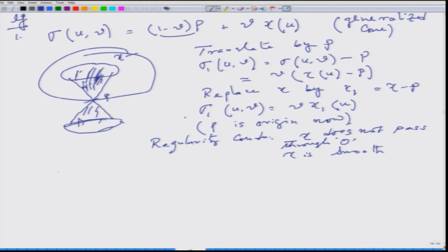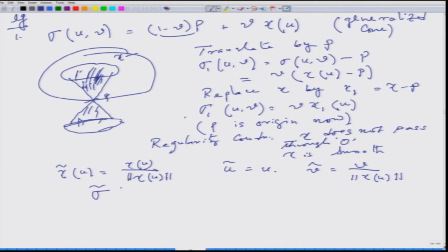Now, let us make one more change, so that instead of gamma I consider gamma tilde, with the change u tilde equal to u and v tilde equal to v times the norm of gamma u. So, a change of variable.